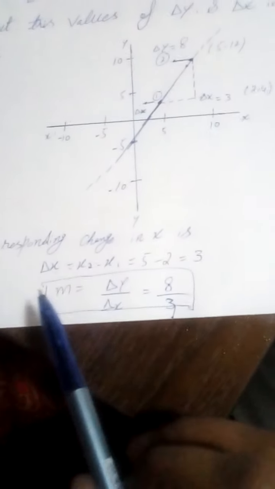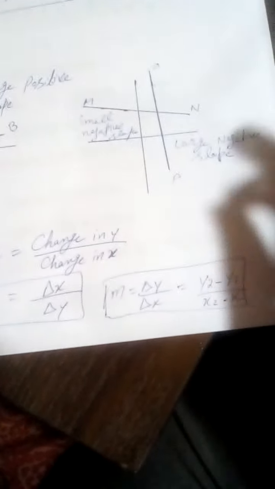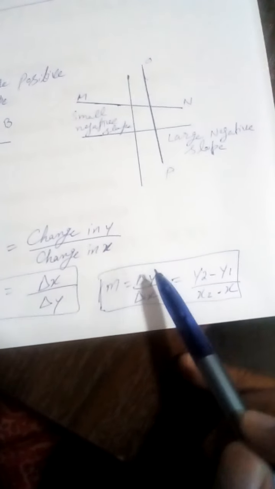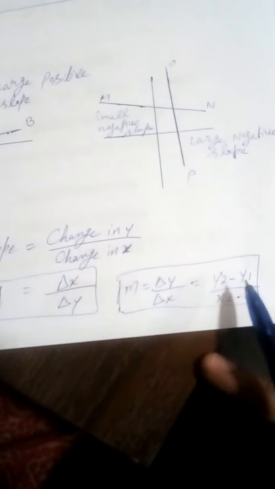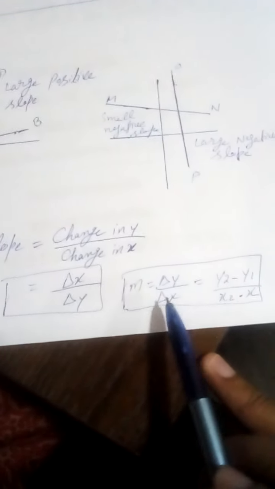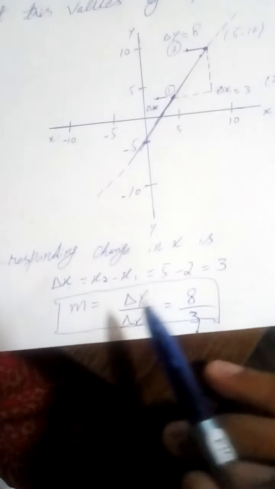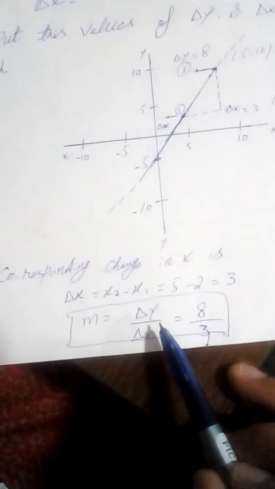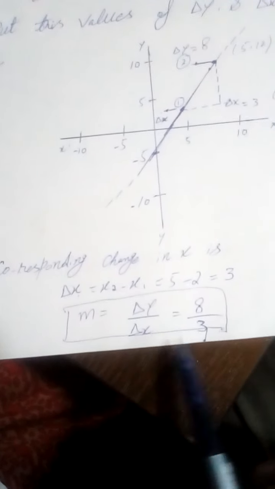Now this is the measurement of the slope. We have the formula: m, the measurement of the line, is delta y over delta x, where delta y is y2 minus y1 and delta x is x2 minus x1. In the last step we apply this formula.